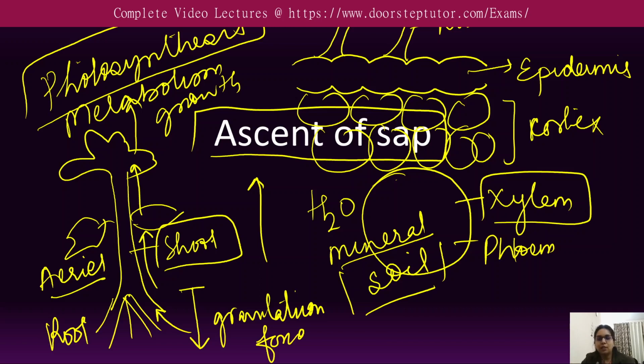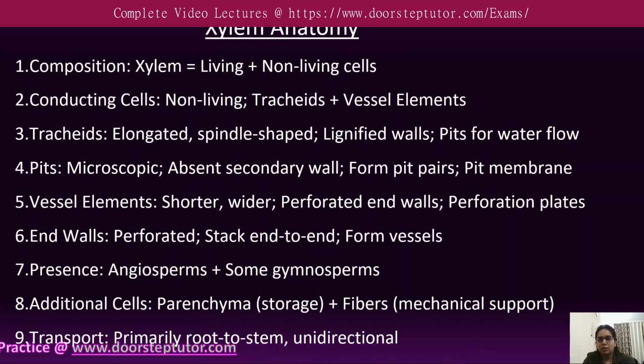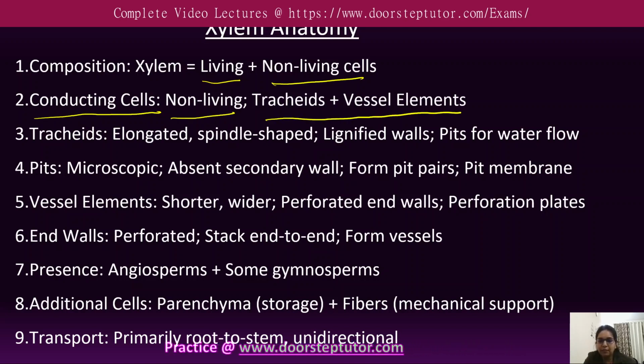Now let's understand the anatomy of the xylem, its composition and structure. The xylem is a complex tissue made up of living and non-living cells, and it has conducting cells. The conducting cells in the xylem are non-living cells, and they include two types of tracheary elements.